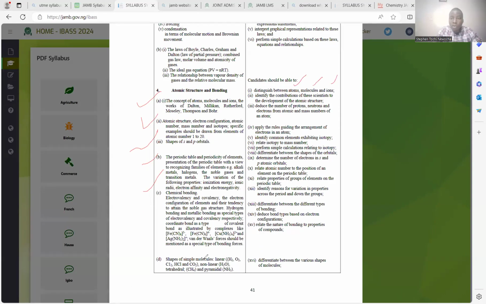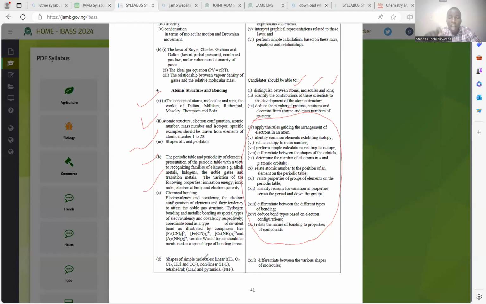You see how we deduce the proton number, neutron number, and mass number, and that is very, very easy. Apply the rules guiding the arrangement of electrons. The left-hand side are just the concepts that you need to learn. The right-hand side are the main things that you need to identify in those topics.